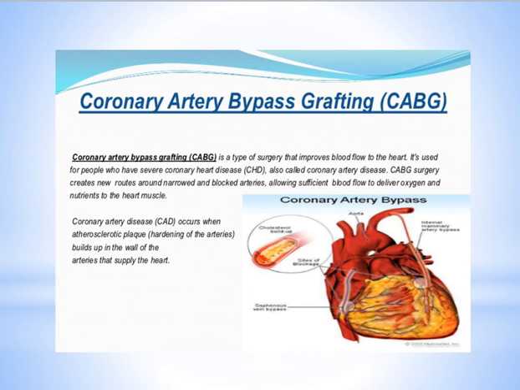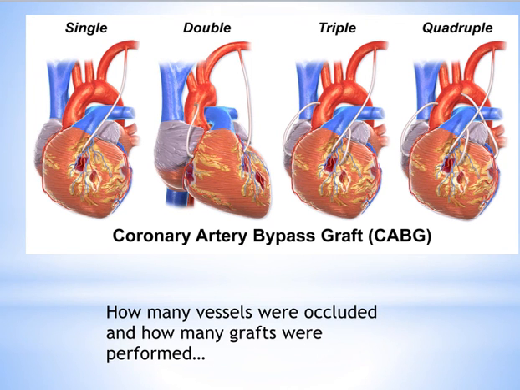And this one shows you how they get their name. Usually they'll say CABG times 2 or a quadruple or whatever. That means how many different grafts did they place. So if there's one graft, it's a single. If there's 2 grafts, there's a double, etc., etc.